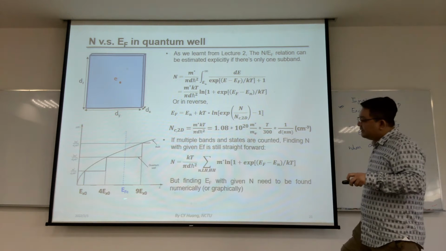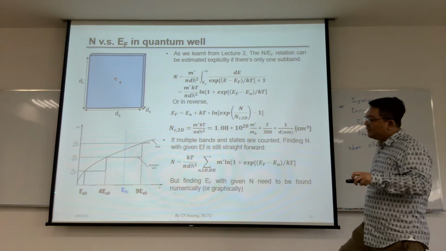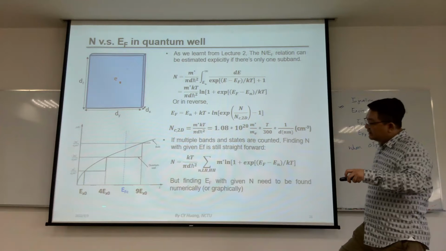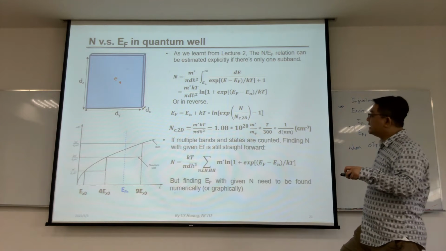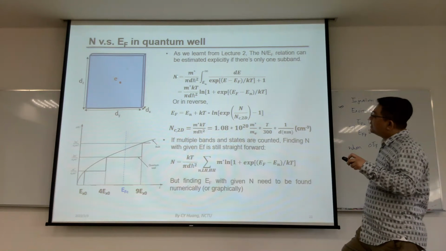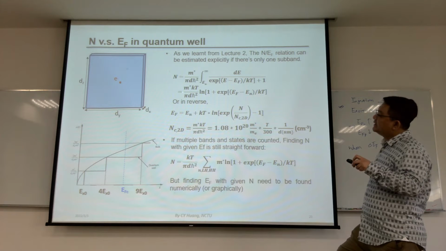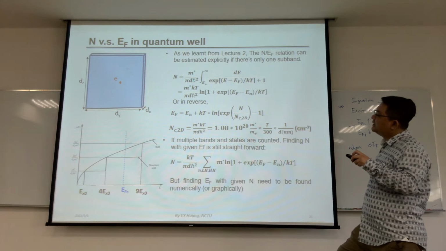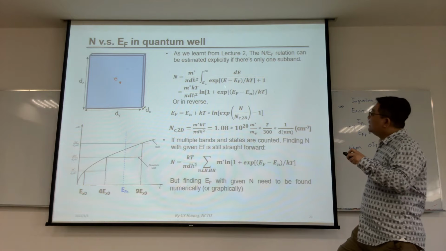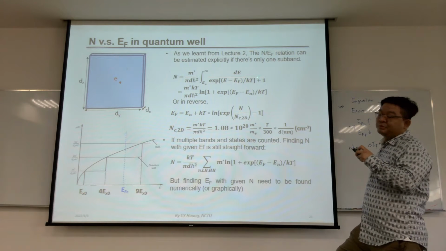So let's consider if the EFC is already somewhere not more than your ground state. Then in your integration, the total carrier density, this is the density of state. This is the Fermi-Dirac distribution.